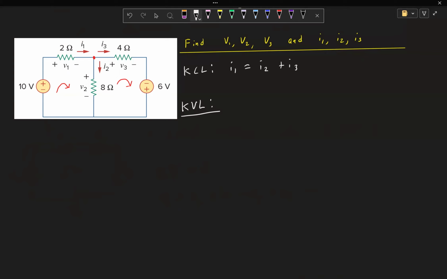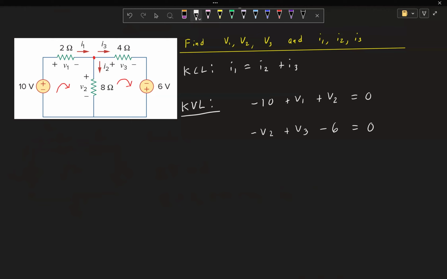So I'm saying negative 10 plus V1 plus V2 equals 0. And then if we do the other one, I see minus V2 plus V3 minus 6 equals 0. Okay, so those are Kirchhoff's laws for this problem.